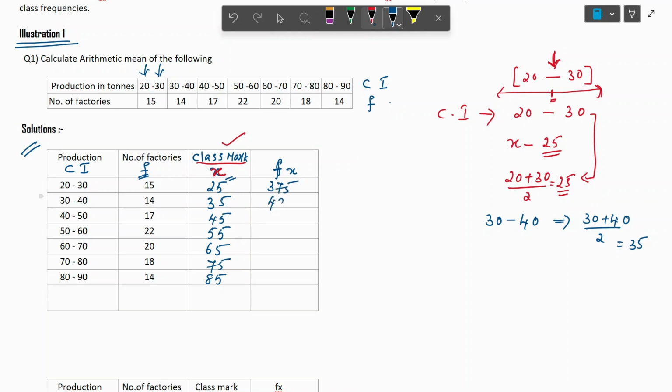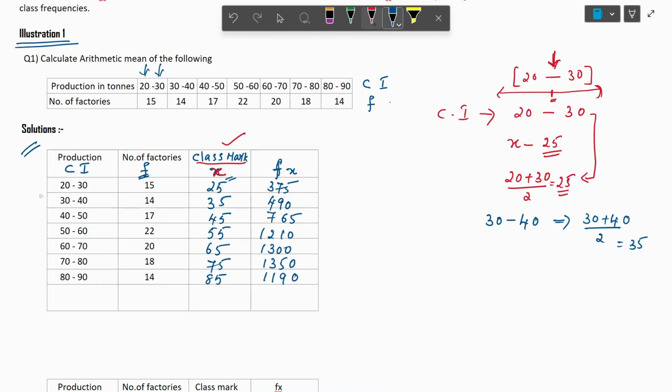Next, 14 into 35, 490. Next, 765, 210. Take your calculator and calculate it. Multiplication 20 into 65, 1300. Next is 1350. Next is 1190.